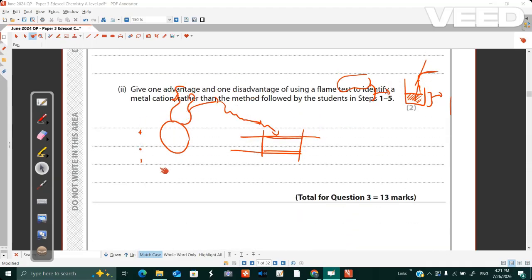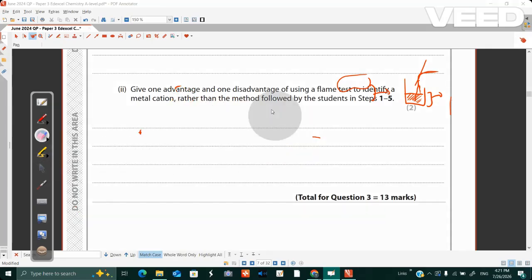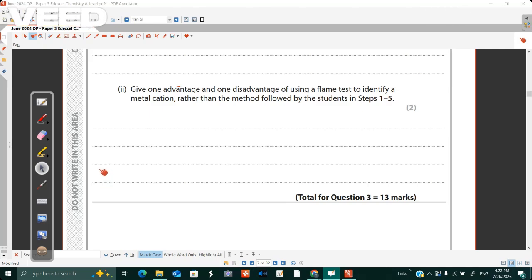Give one advantage and one disadvantage of using the flame test to identify a metal cation rather than the method followed by the student in set 1 to 5.